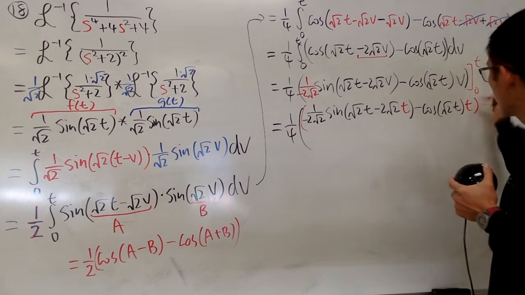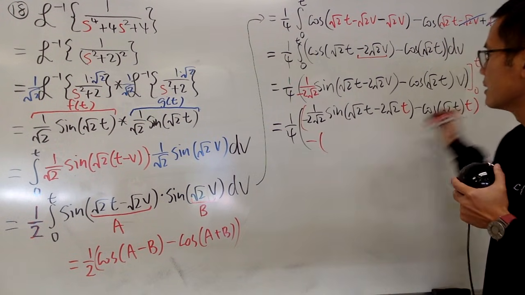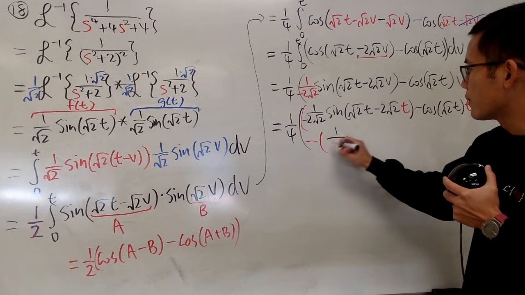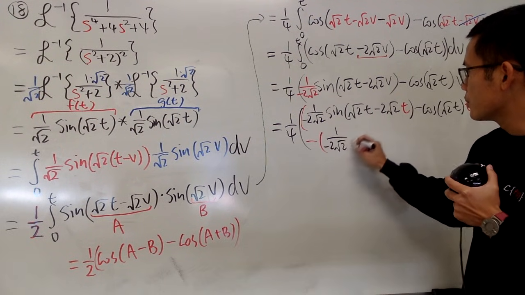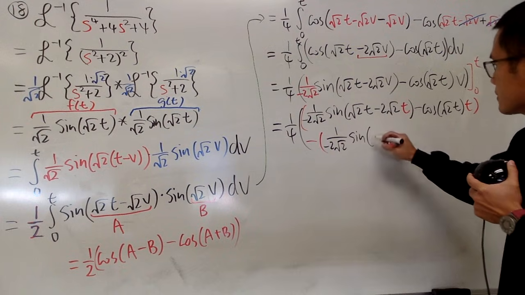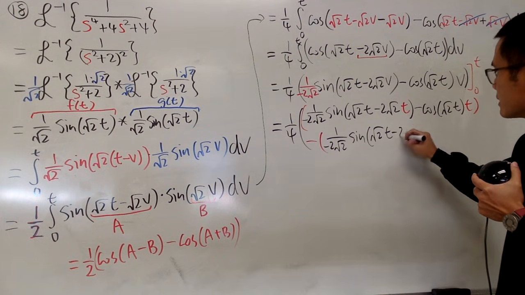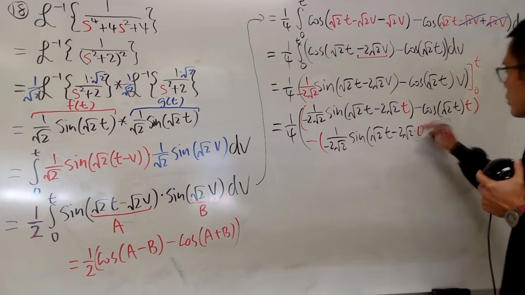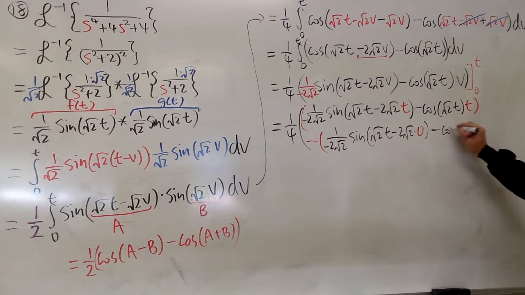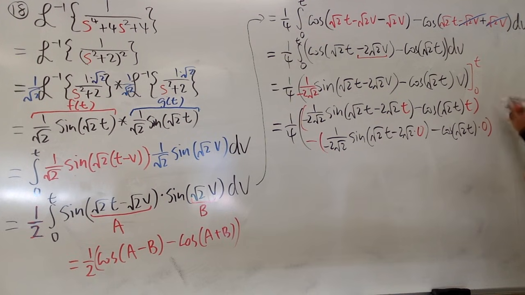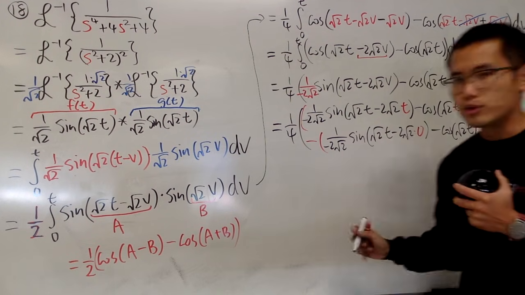And then we have to plug in 0, so we have to minus, plug in 0, so we get 1/-2 square root of 2 sine square root of 2t minus 2 square root of 2 times 0, and then minus cosine square root of 2t times 0. Right? So it has two expressions inside.